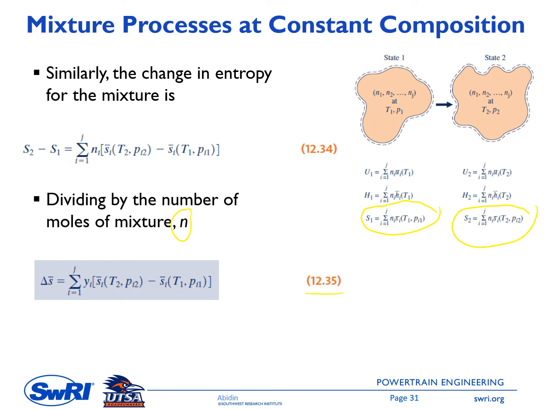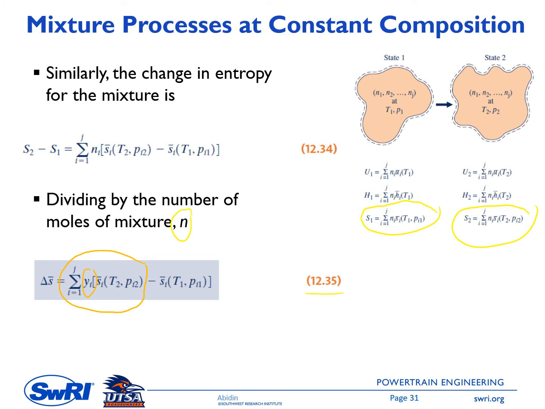Delta s, here in small letter, is the specific entropy change, equal to this equation. You see here we have y_i, the mole fraction, multiplied by s_i at state 2 minus s_i at state 1.